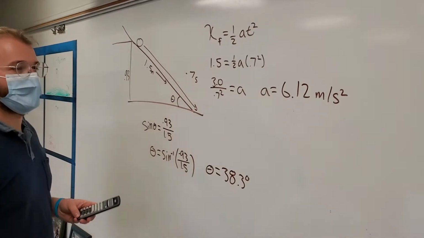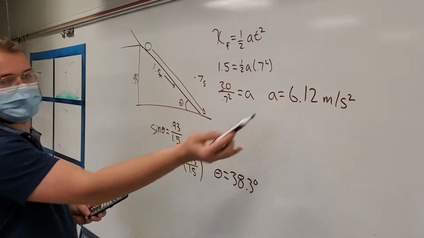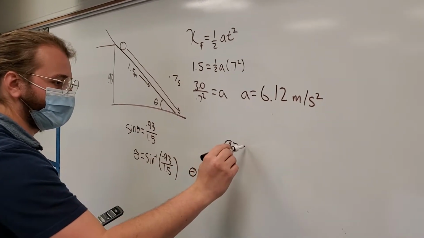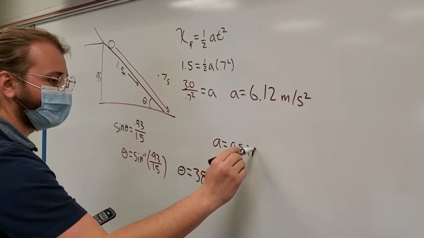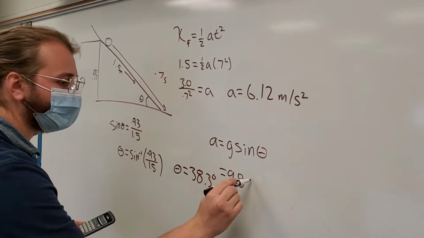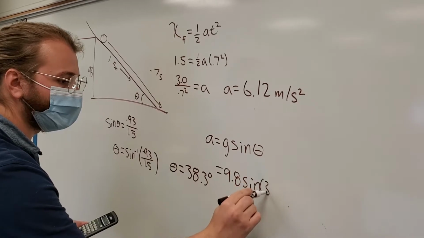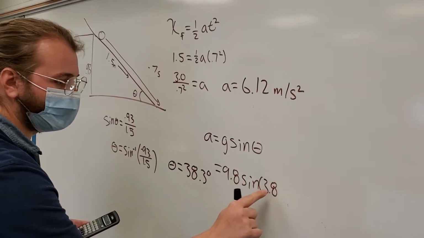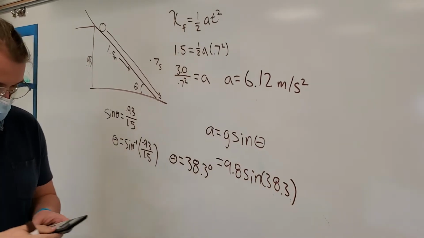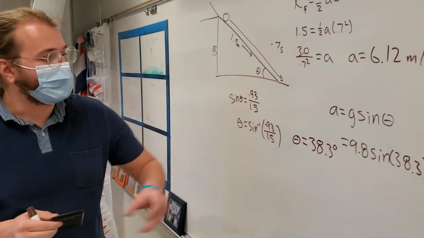38.3 degrees. Now let's check and see if our acceleration that we got was right. We'll just say our acceleration is then equal to g sine of the angle. So we'll write that as 9.8 times sine 38.3. Yep. All right, so what do you get for this?